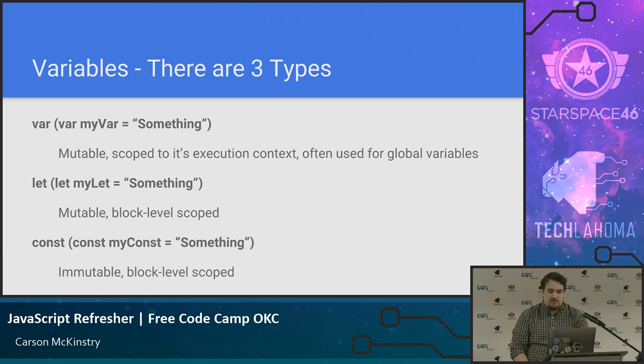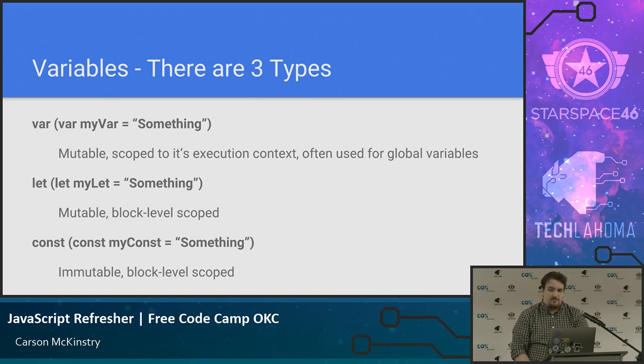Var is also scoped into its execution context, so wherever it's declared, anything around it has access to it. A lot of times this is used for global variables and can store state in your application if that's what you're trying to do.